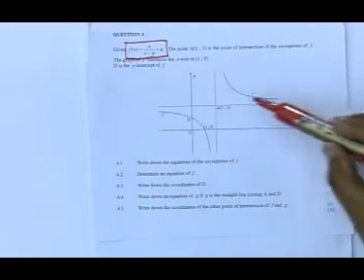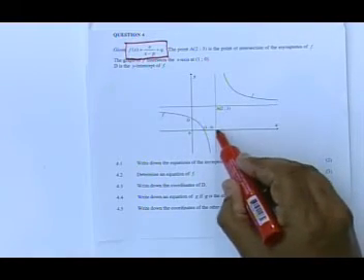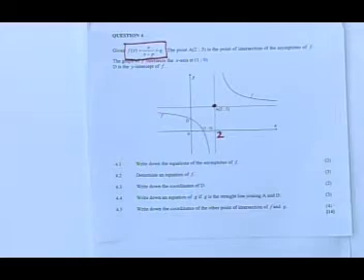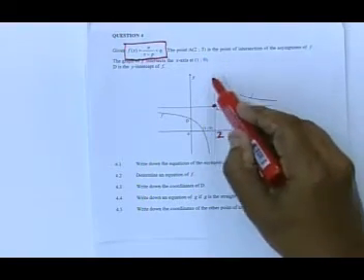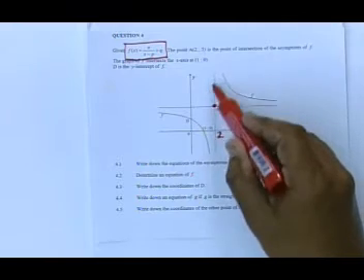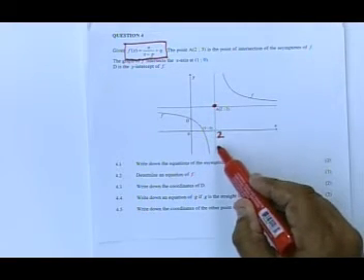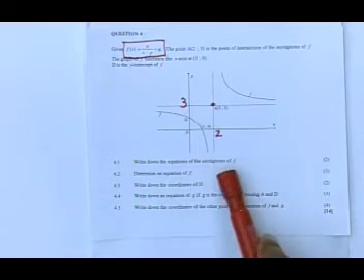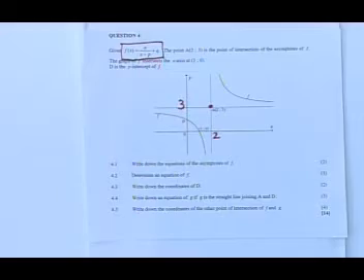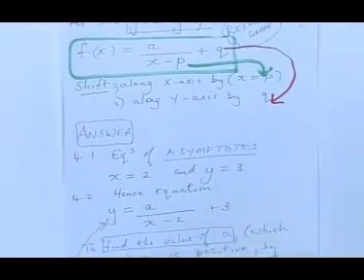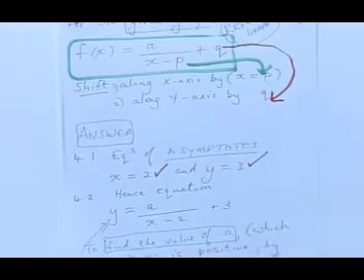One asymptote is at x equals 2, because point A is the point where those dotted lines meet at the point A, so the x is the first coordinate, so x is 2, y is 3, and the easy question: write down the equations of the asymptotes. They were quite simple. If I wrote them down, the equations of the asymptotes: x equals 2, y equals 3.